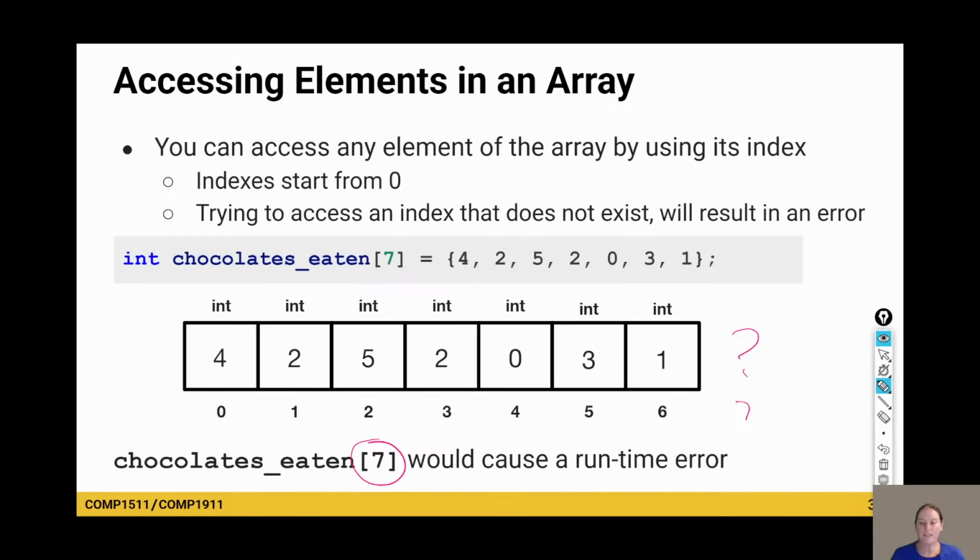But with DCC, it'll give us a runtime error. It might even pick it up at compile time. It might say, hang on, why are you accessing index 7? If you've hard-coded the value in, it might say that. Or it might not realize until runtime. And then it might say, and I'll show you in a minute, out of bounds, or you've gone past the end of the array, something like that.